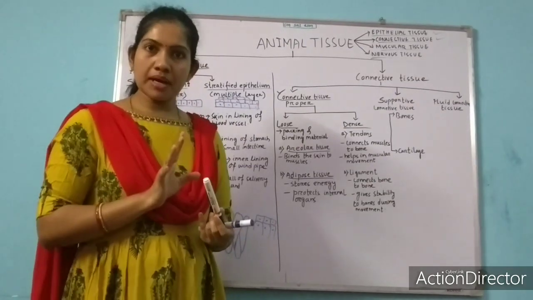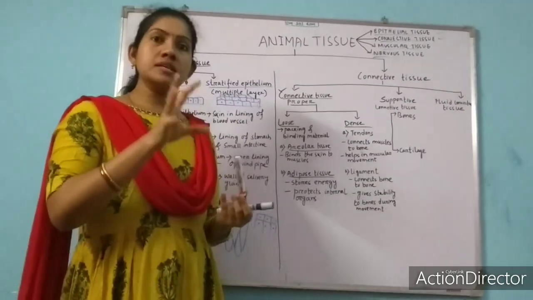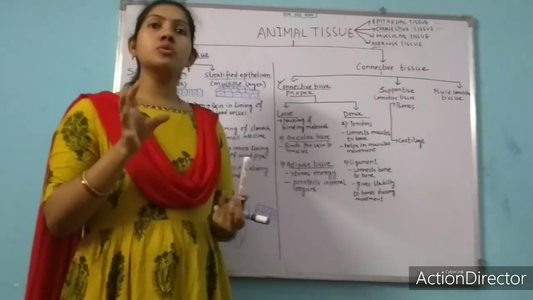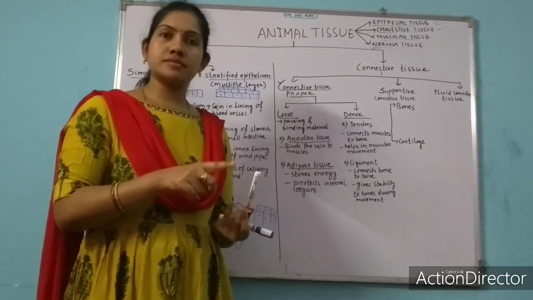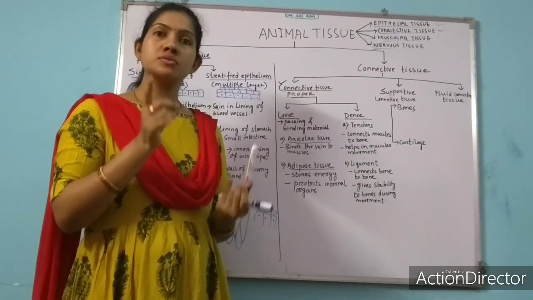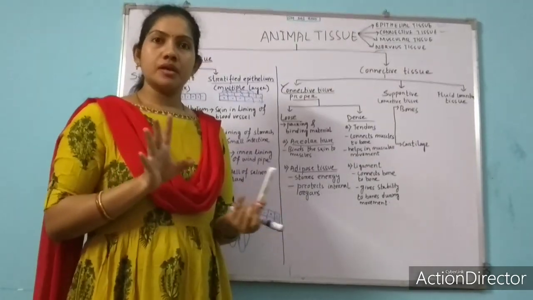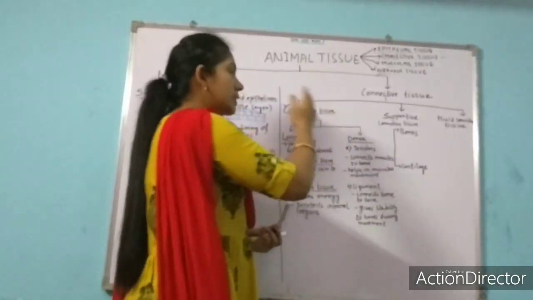In a short question it might come, what are the cells of adipose tissue called? Adipocytes. The cells of adipose tissue are called adipocytes. Got it?